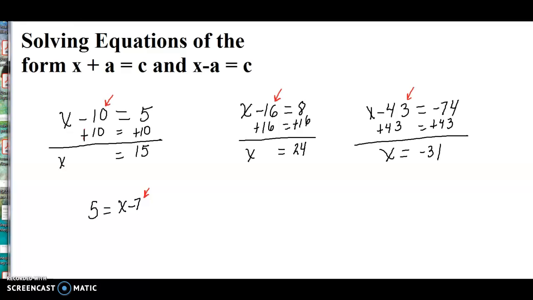So the only way I can get rid of that 7 is that I add 7 to both sides of the equation. And so we have 5 plus 7, which gives us 12 here. And we have x left on the right-hand side of the equation.